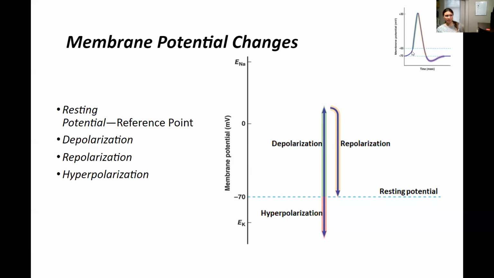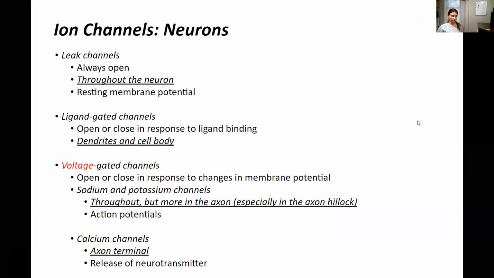So keep in mind this little spiky curve, and we'll see that a lot as we move forward. Okay. As we're talking about our action potential, we want to think a little bit about the different types of channels we have and where in our neuron they're located.